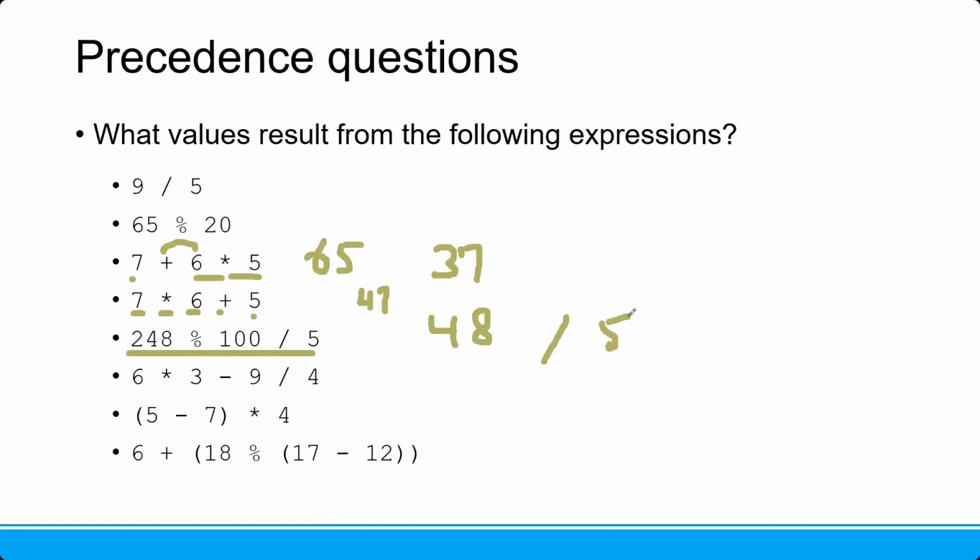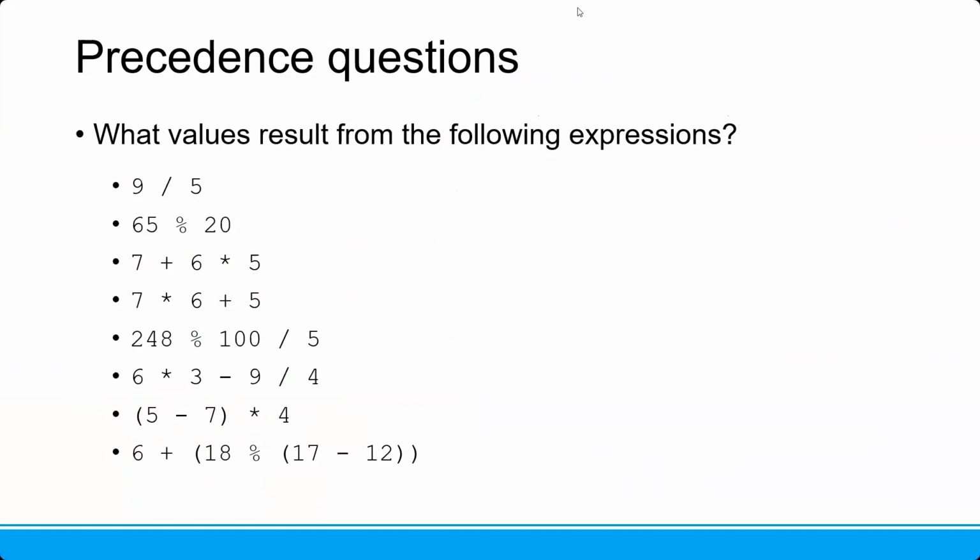Okay, so you can calculate 9.6. Okay. What about this? Three multiplied by 4 is 12, because we will do the parentheses first.